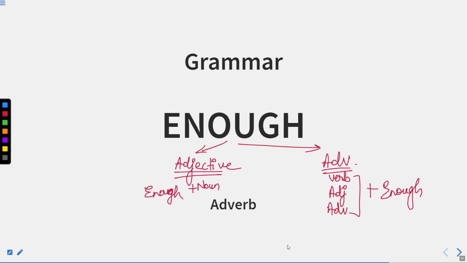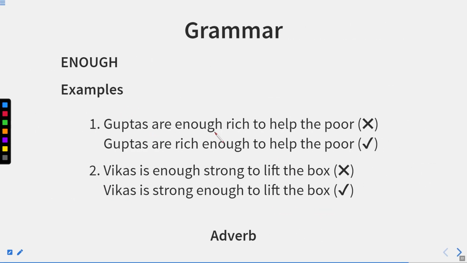Now let us see some sentences. Guptas are enough rich to help the poor. Now, rich is an adjective, and the word which is describing an adjective should be an adverb. Therefore, this enough is in an incorrect position. It should be placed after the word rich. So the correct sentence will be: Guptas are rich enough to help the poor.